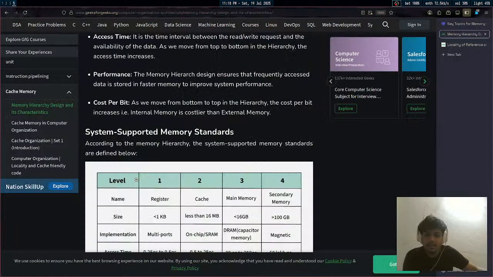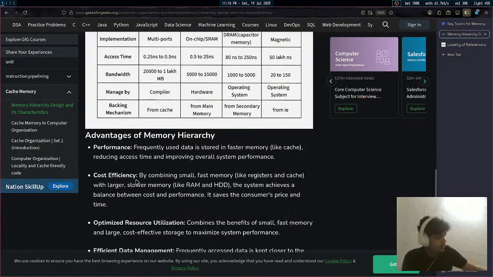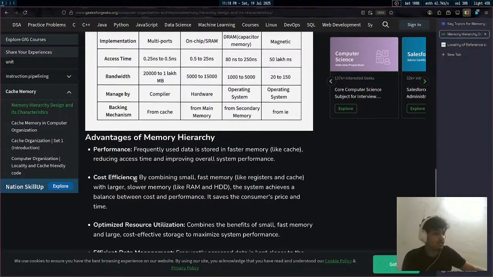But yeah, that is it. I think this is a pretty nice explanation. Wait a second.